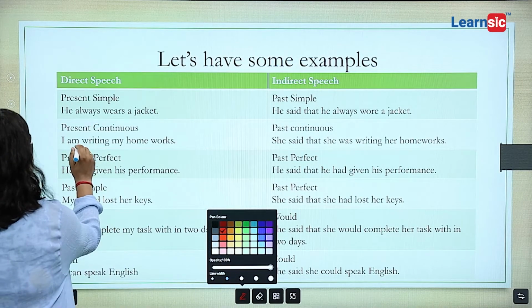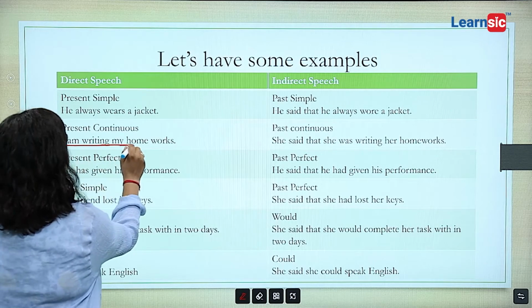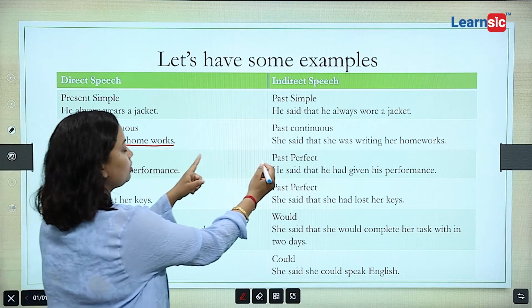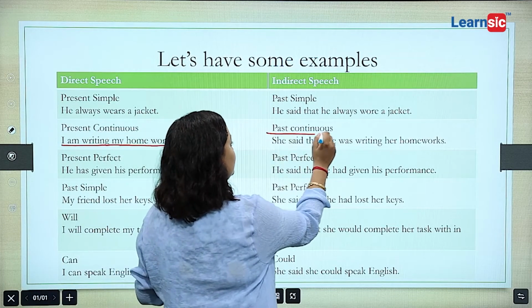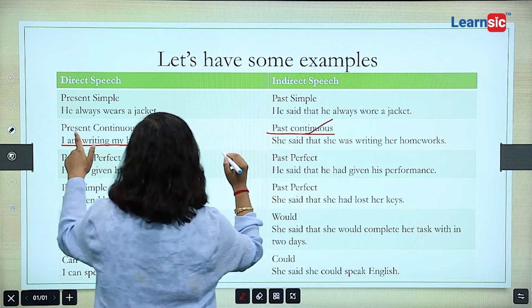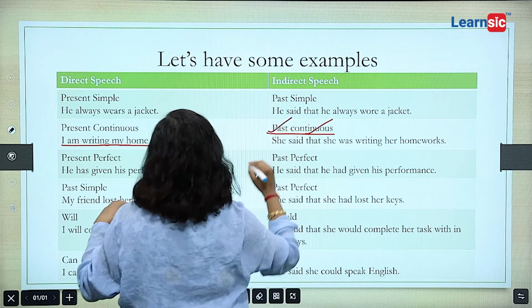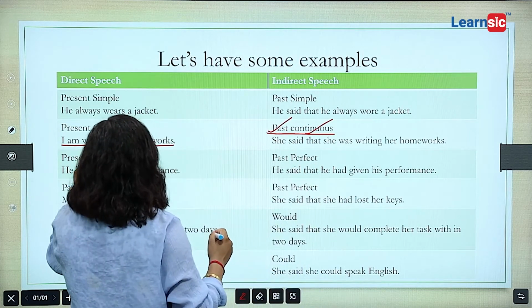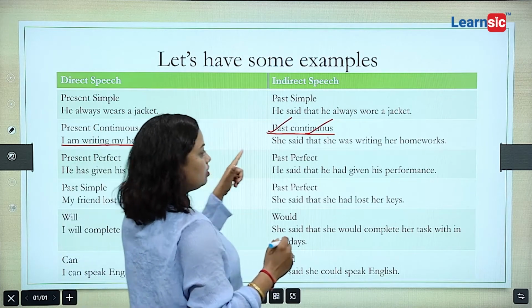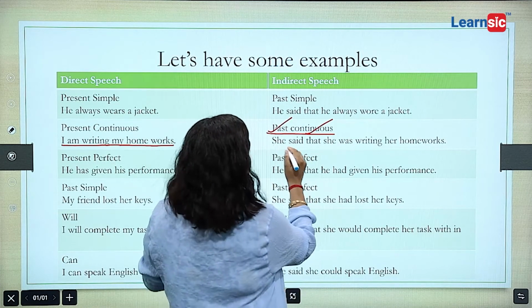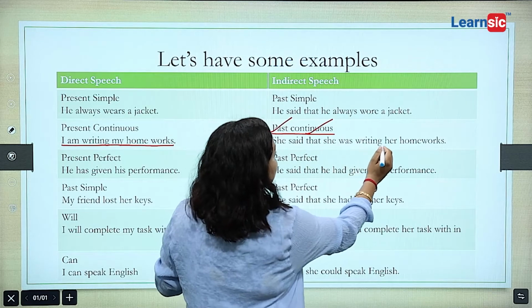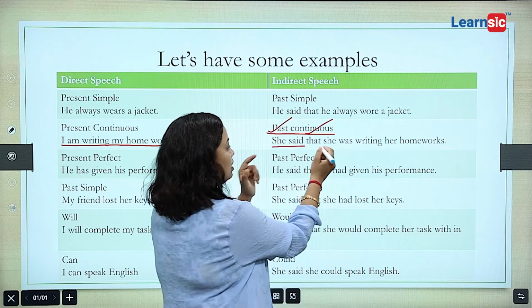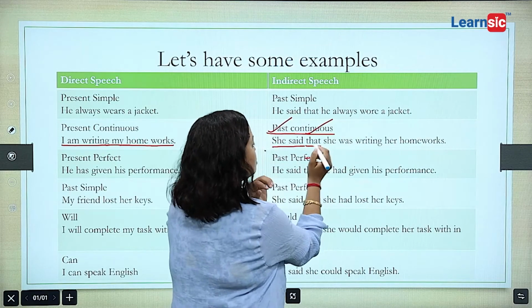Now see, it is in present continuous form. Continuous is the same but its present form has been transformed into past form. I am writing my homeworks. She said that she was writing her homeworks.